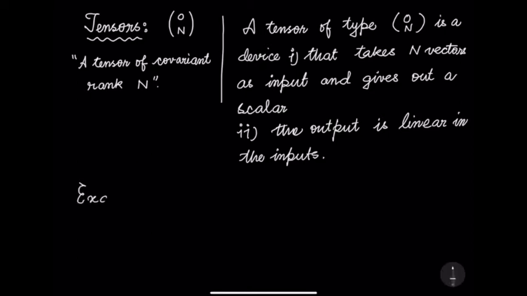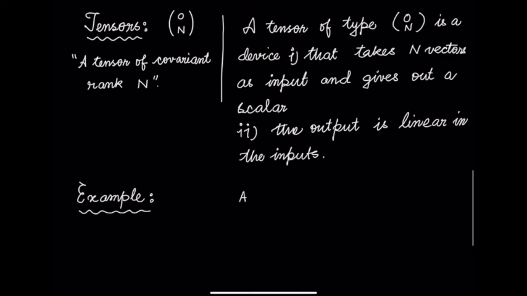So one example of a tensor will be something that takes two vectors in. So let's say these two vectors are A and B. So it takes these in. The tensor is like a function of these two and gives out a scalar.